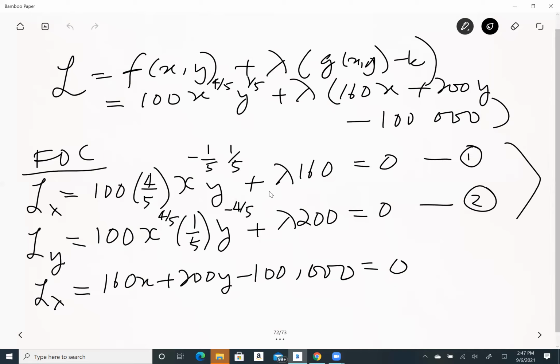Because the numbers are big, I have to rewrite. Otherwise, I cannot see the numbers. But we can do some simplification here. This is 5, 100, so that becomes 20. Here, 5, 100, that is also 20.